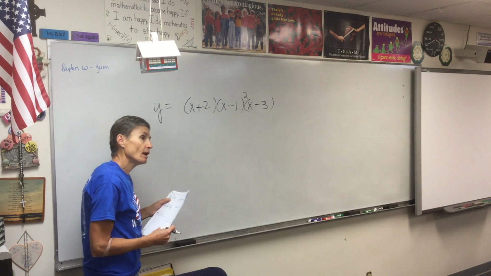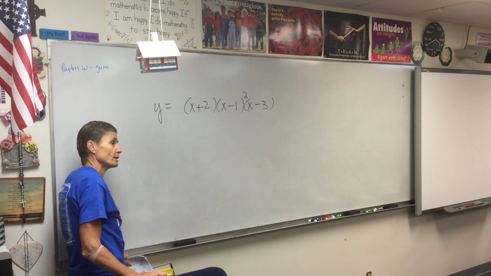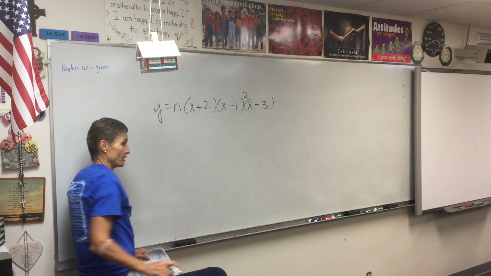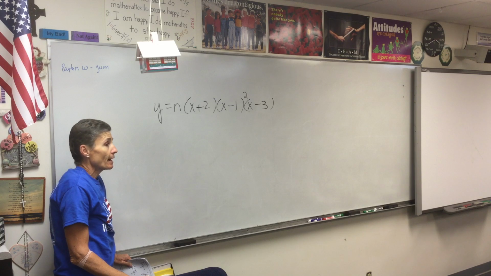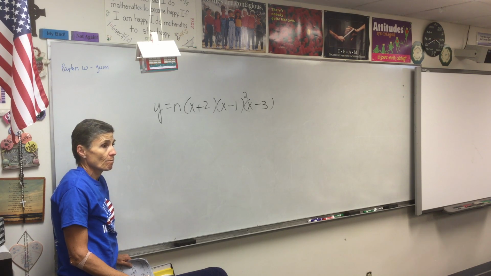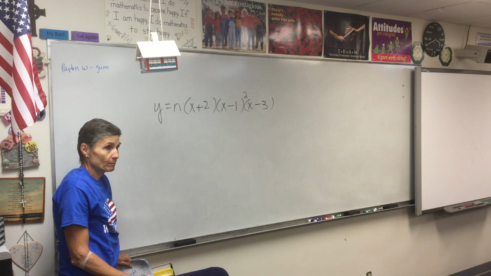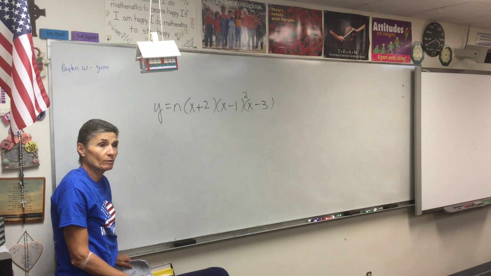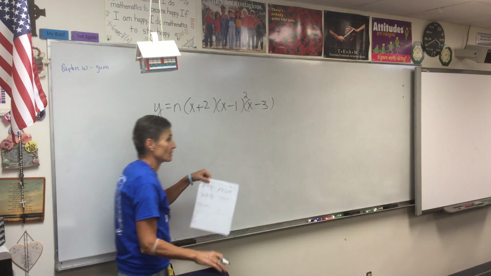Now, here comes the tricky part, but you're used to it because you did it with your parabolas. There's a coefficient out here. I don't know what it is, but I'm going to figure it out. Anybody have any idea how I'll figure out that coefficient? Look what you were given in the problem.